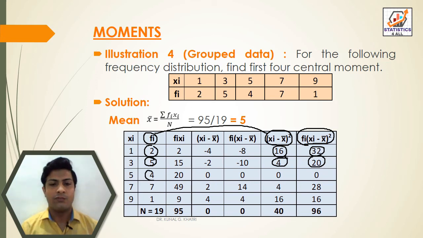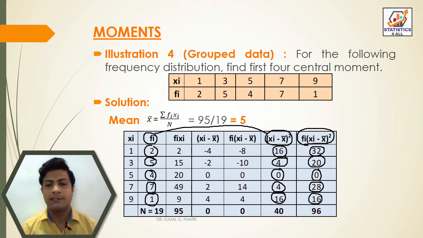Then 4 into 0, that is equal to 0. 7 into 4, that is equal to 28. Then 1 into 16, that is equal to 16. Now we'll take the sum of fi into bracket xi minus x bar whole square, we get total 96.